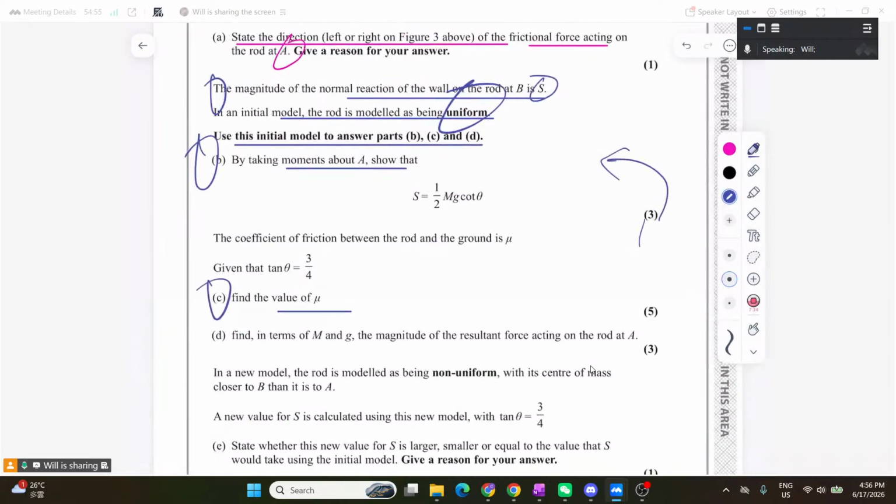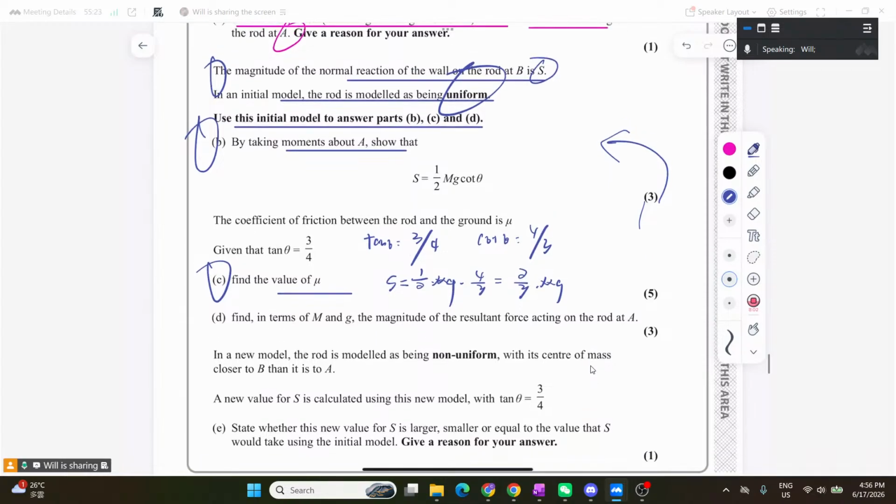For the question C, we need to find the value of the coefficient. It's easy because we know tangent theta is 3/4, so cotangent theta is 4/3. We substitute: 1/2 times mg times 4/3 equals 2/3 mg, right? Then we can use the force balance.